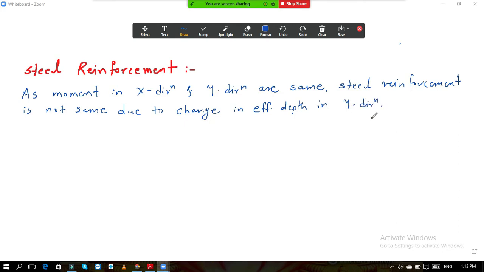Okay. Now we will calculate steel in x direction first.